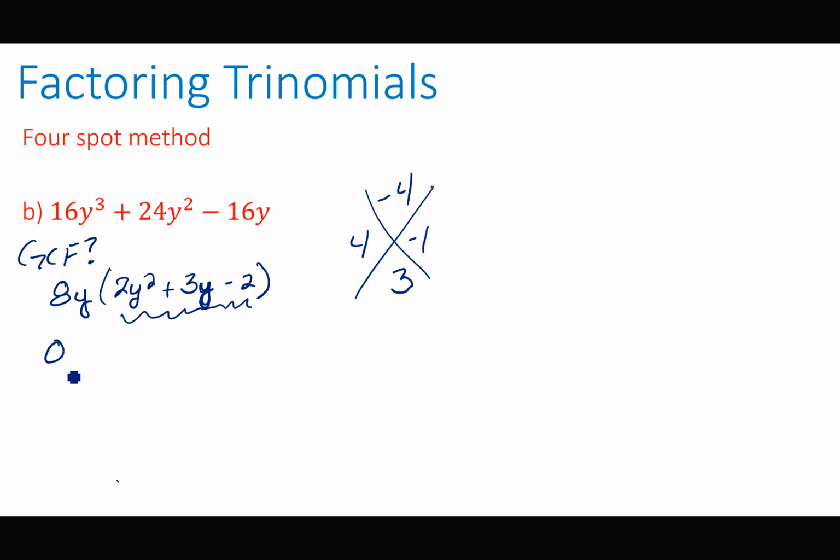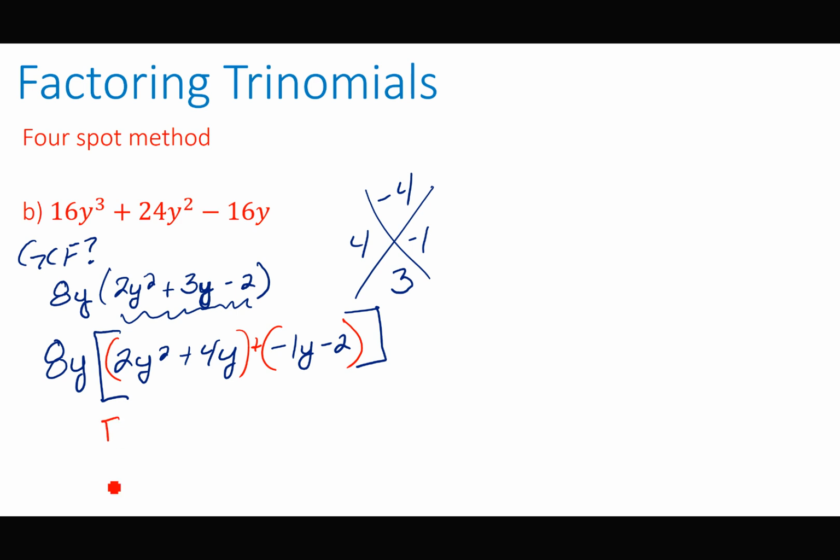So this 8y continues to come along. I'm going to do brackets just to emphasize that we got a whole new grouping that we're working with here. 2y squared plus 4y minus 1y minus 2, and then grouping within this.